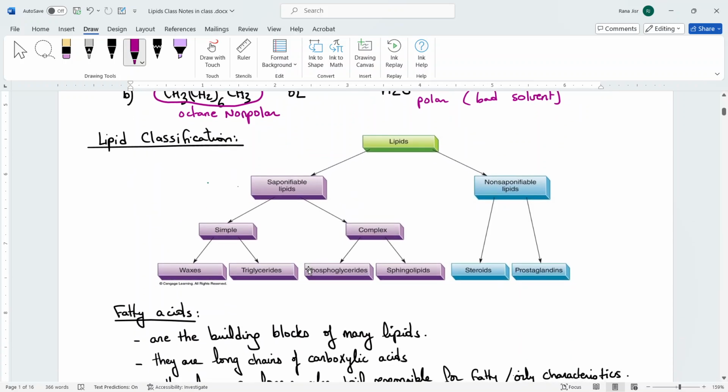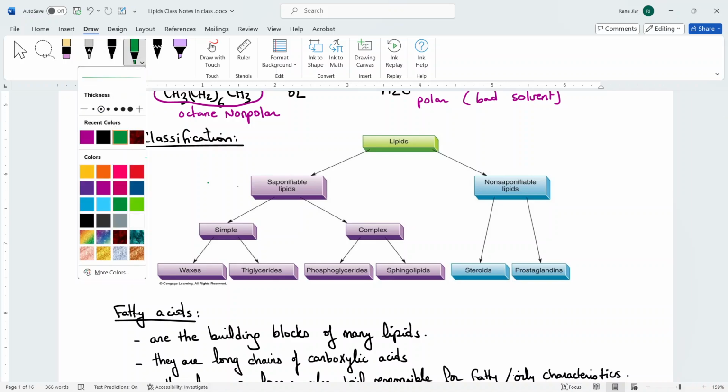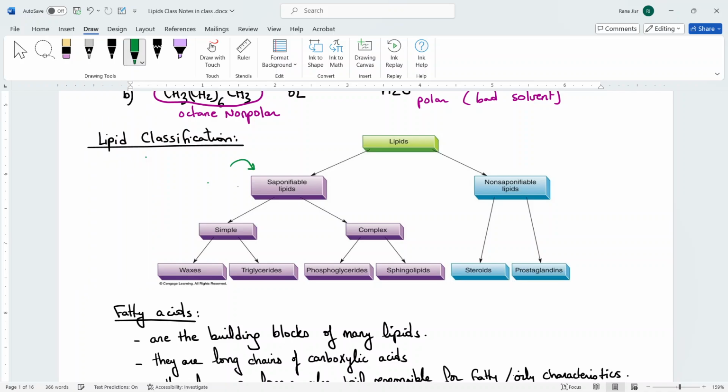So for the classification of lipids, this table you can have in the exam, and I'll include it in the exam table sheet. Okay, so lipids are classified into saponifiable lipids and non-saponifiable lipids. By definition, a saponifiable lipid is a lipid that contains an ester, and the ester can undergo basic hydrolysis.